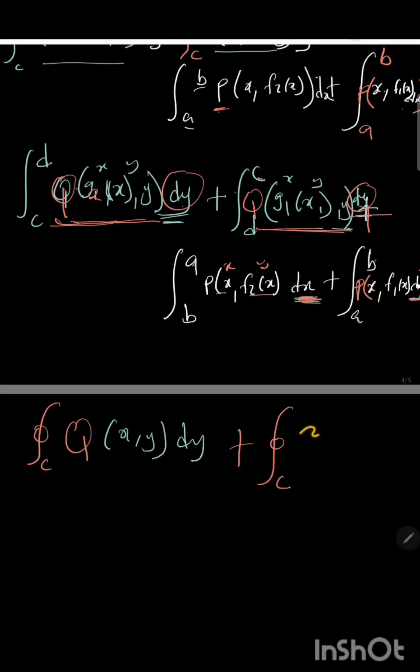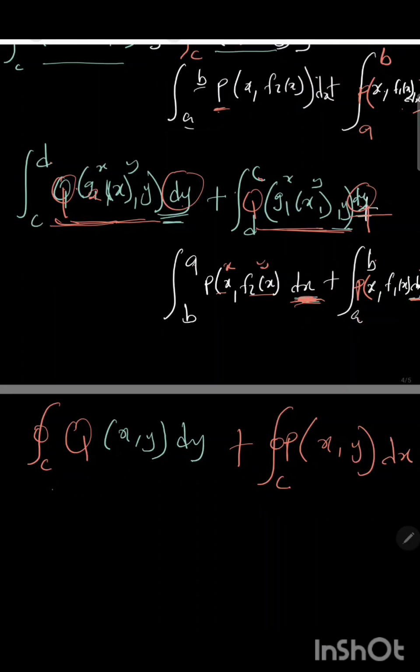So now that can be represented by the integral of a closed curve C of, you only pick the function p of x comma y. So this is p of x comma y, and then you write the dx like that. Okay, so this also can be written as the integral.